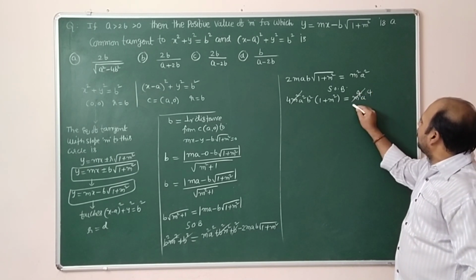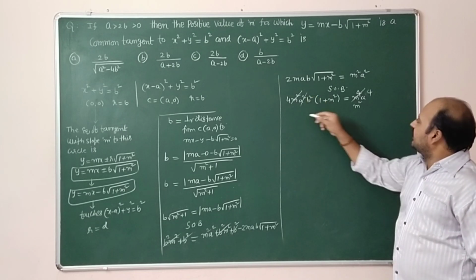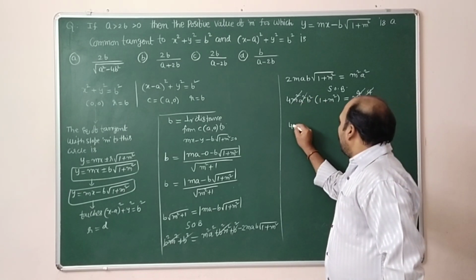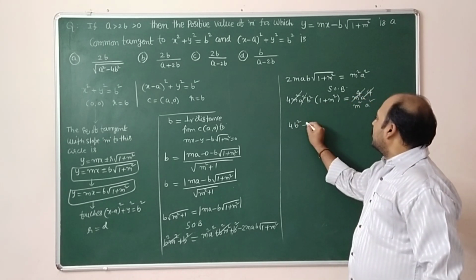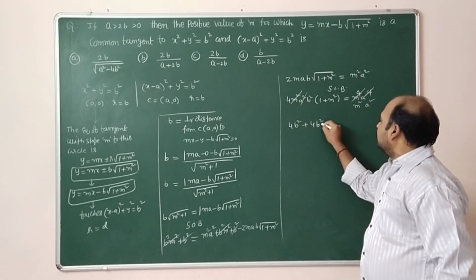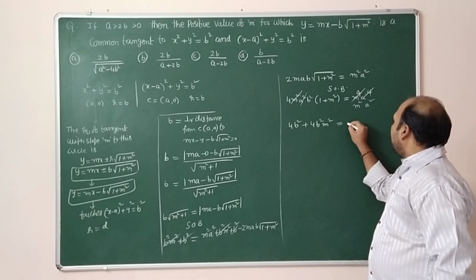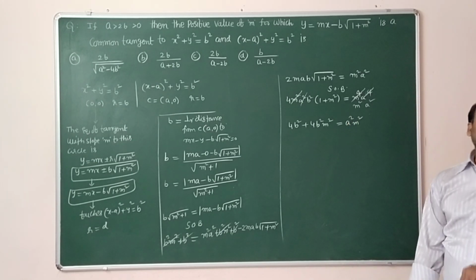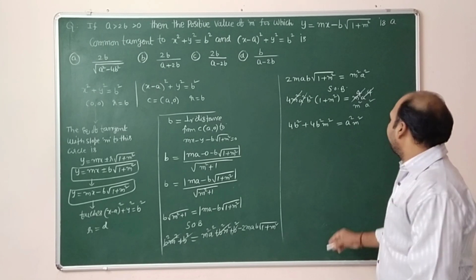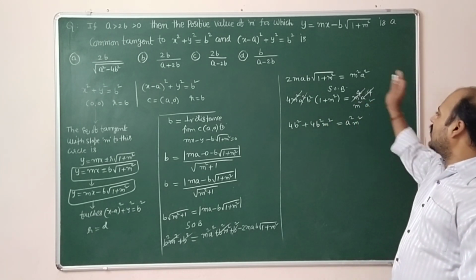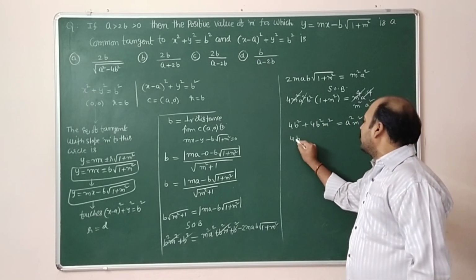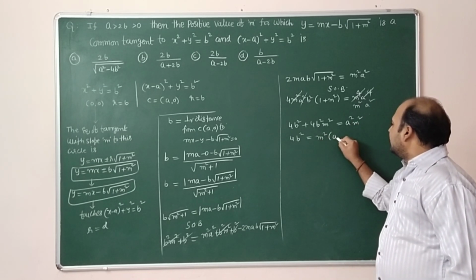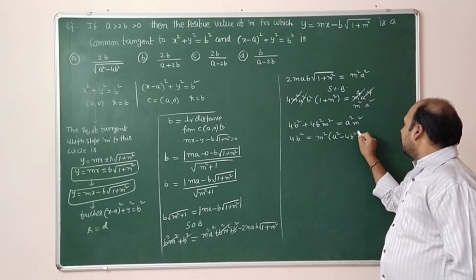So one of the m square will be cancelled here and one of the a square will be cancelled here. 4b square plus 4b square m square is equal to a square m square. They are asking to calculate m square as subject, so this 4b square m square I am taking this side. So 4b square is equal to m square common, a square minus 4b square.